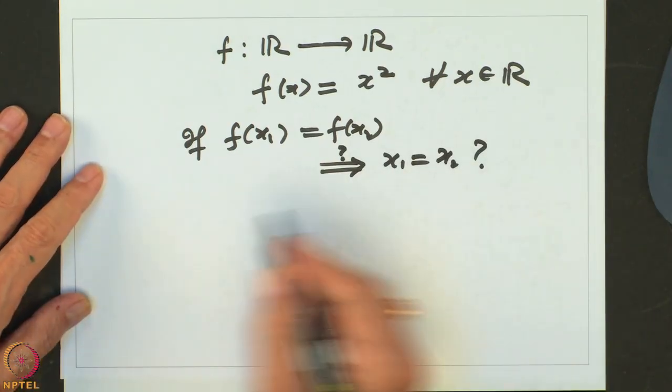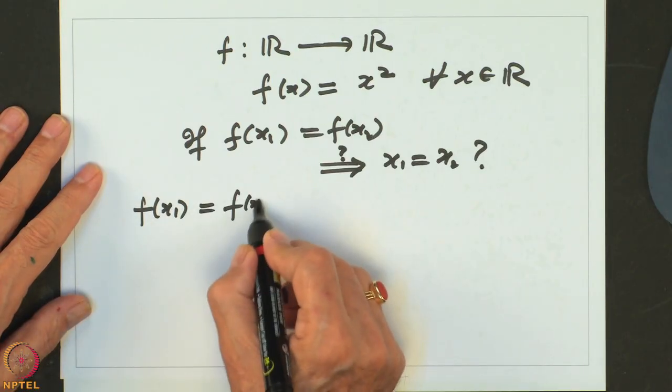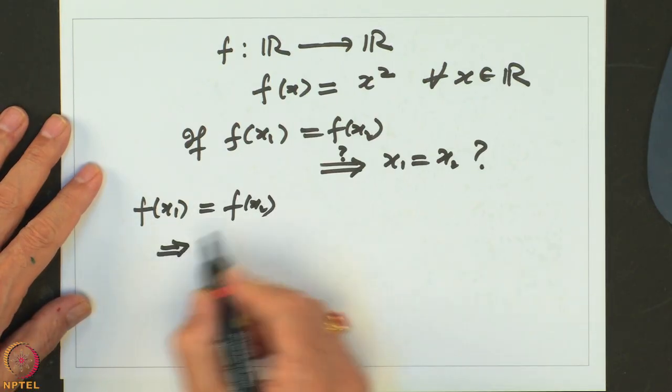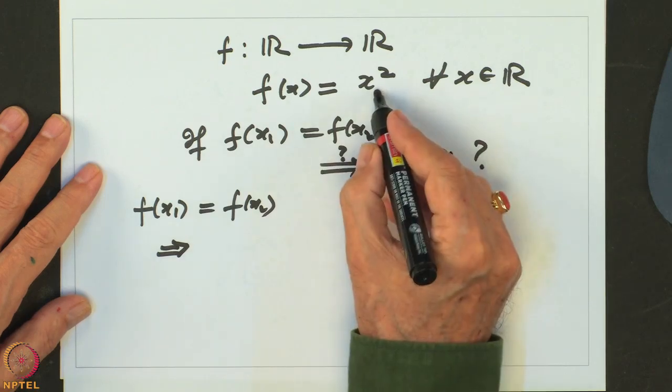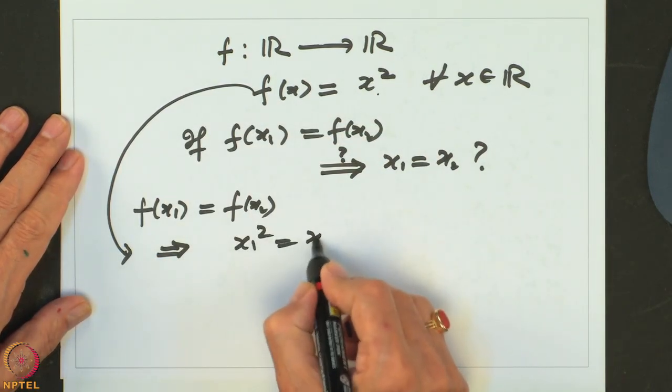Well, let us analyze. F of x1 equal to f of x2, what does it imply? This implies, by the given formula, x1 square is equal to x2 square.